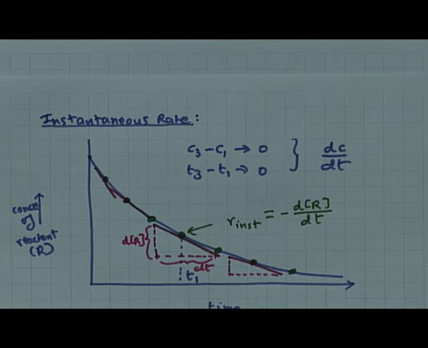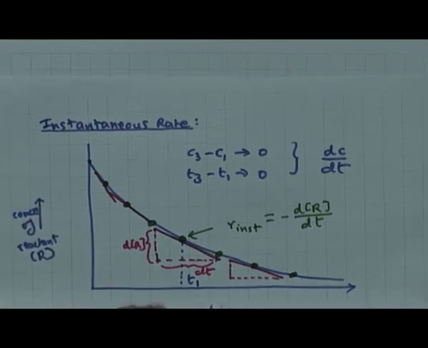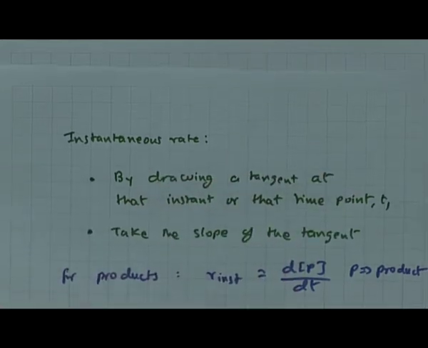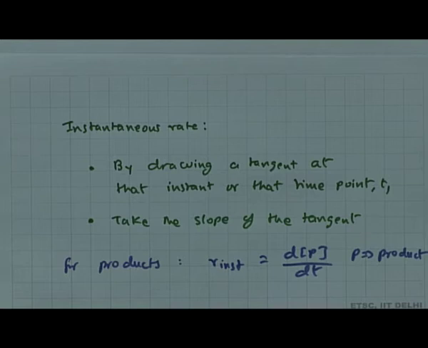The instantaneous rate is also a very important feature, and it is the one which is mostly used. As I was saying, it is obtained by drawing a tangent at that time point, which is T1, and from there we take the slope of the tangent.